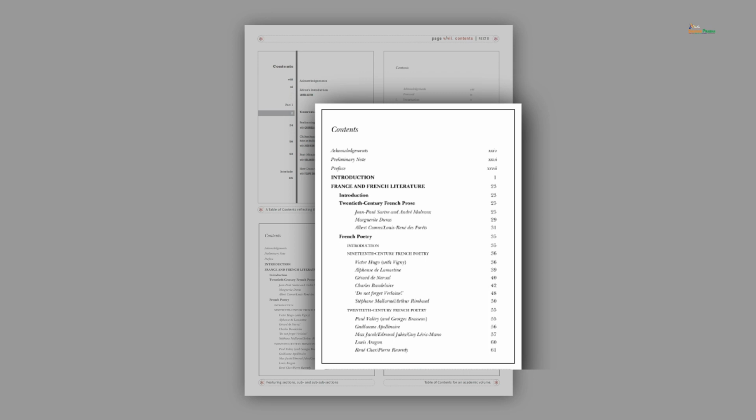Going on, the next chapter is a chapter called France and French Literature. And now I want you to pay particular attention, because here we have a lot of divisions and, in fact, sub-subdivisions. The first subdivision, or what in typesetting terminology we would call subhead A, appears as introduction and then as 20th century French prose.